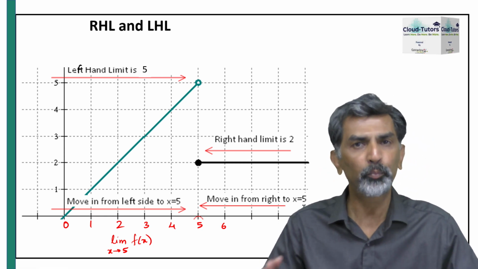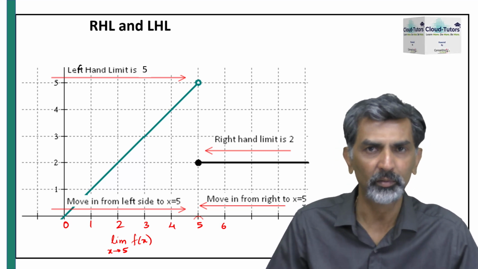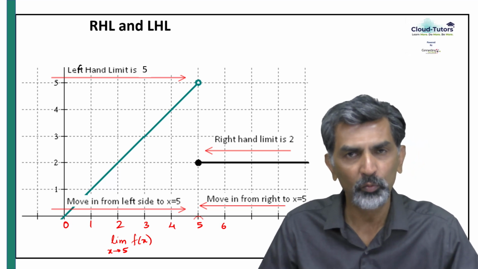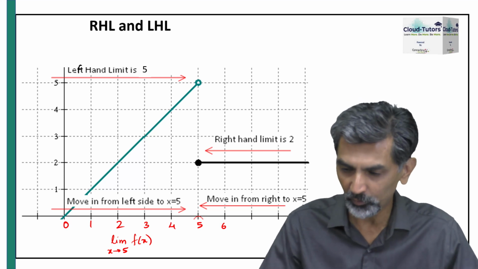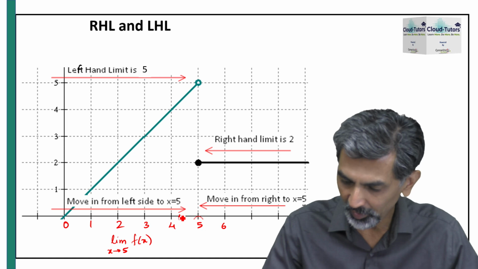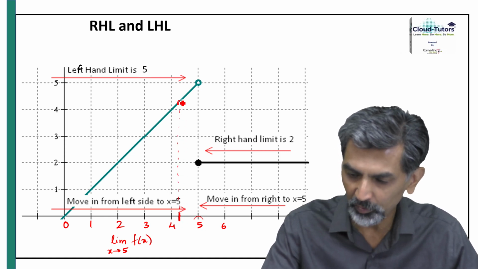Let's consider approaching 5 from the left hand side and the right hand side. First, the left hand side. You're approaching x equal to 5 from values of x which are lower than 5. If we start somewhere here, for this value of x the corresponding value of f of x is here.